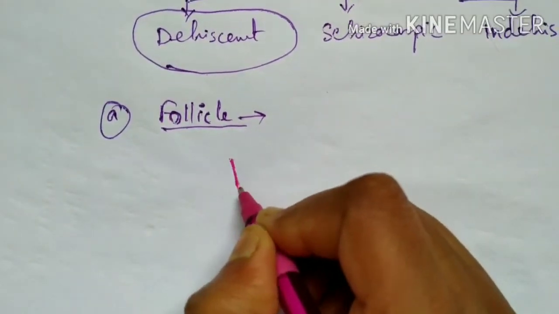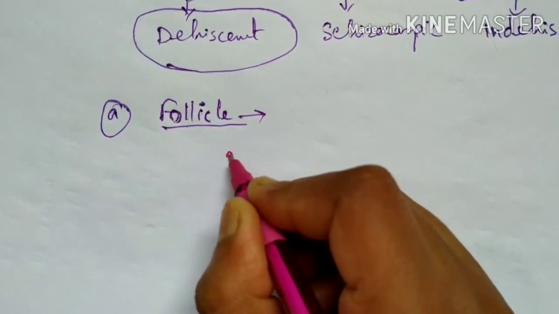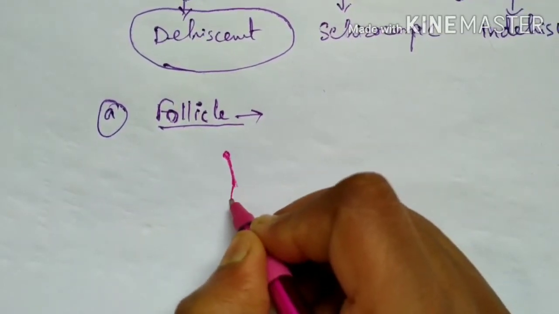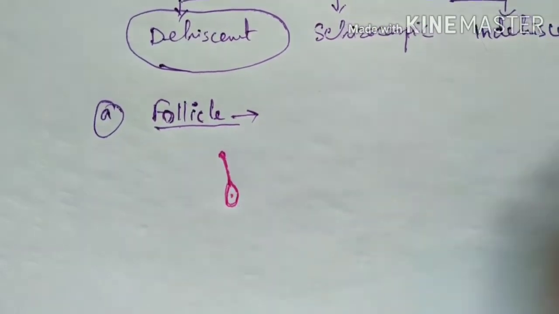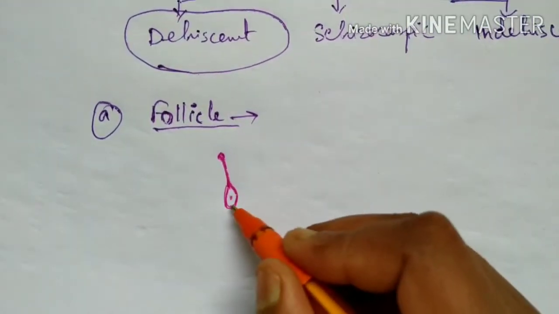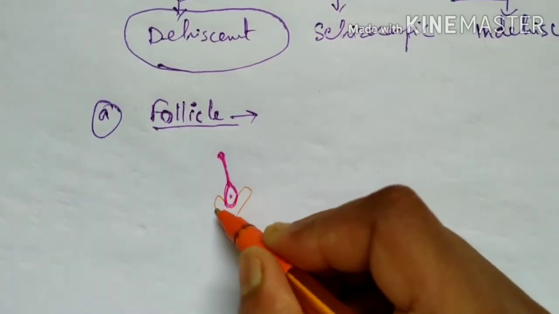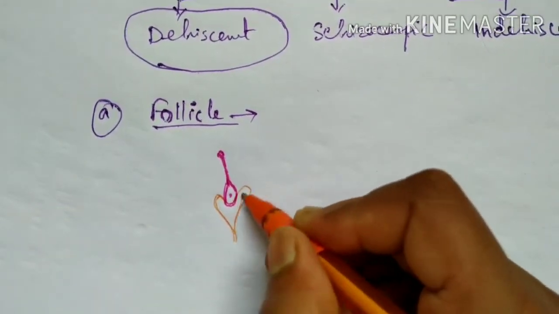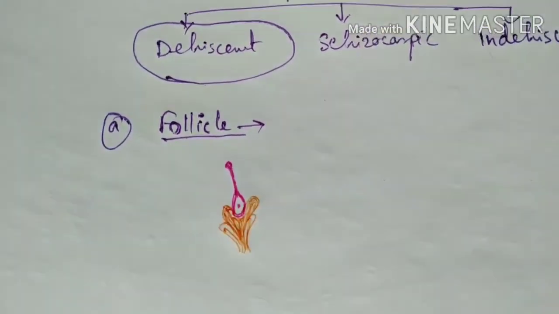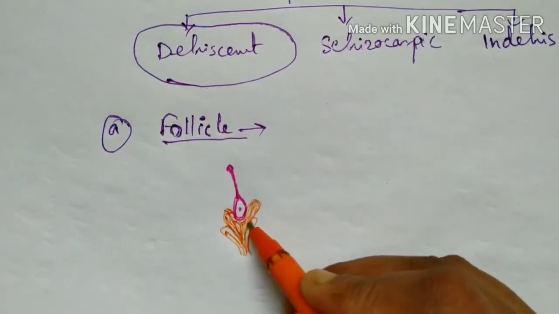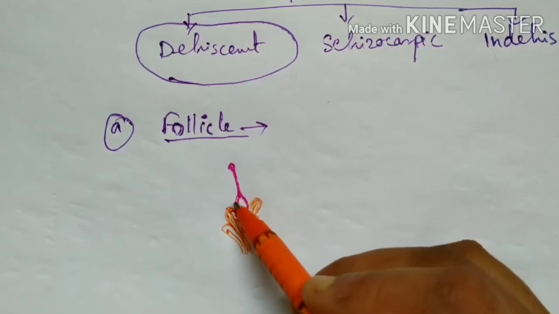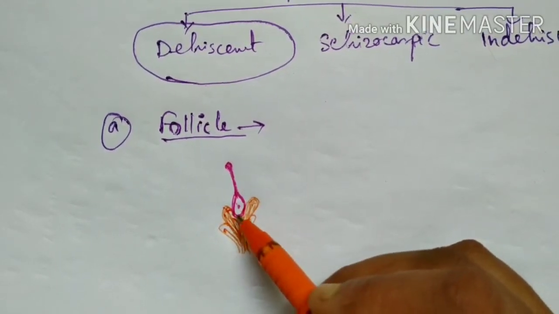One carpel is present and the ovary is superior, meaning all floral parts are present beneath this ovary, and the ovary is always in a superior position.